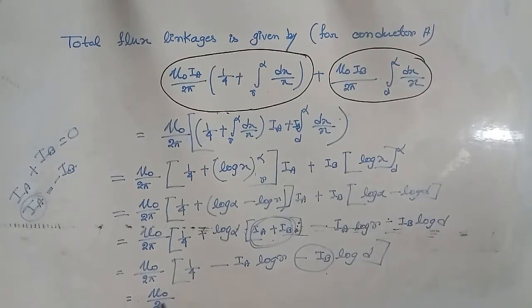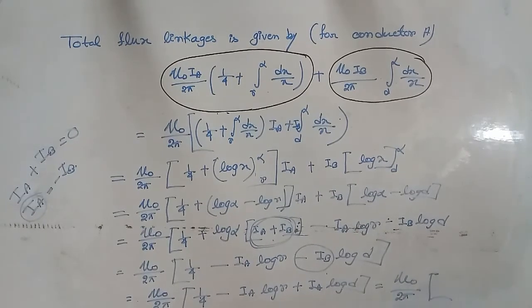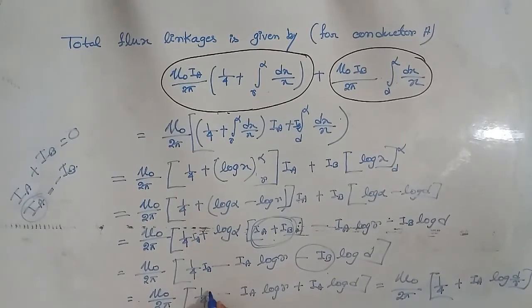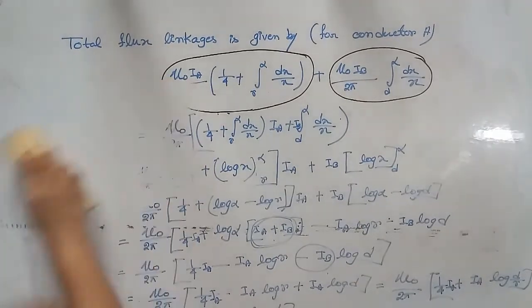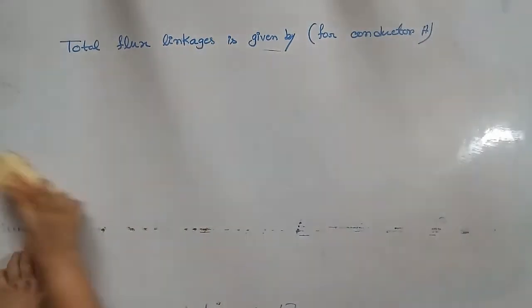So mu 0 by 2 pi equals 1 by 4, minus IA log R plus IA log D, and this is equal to mu 0 by 2 pi, 1 by 4, plus IA log D by R. Now IA is multiplied with 1 by 4.